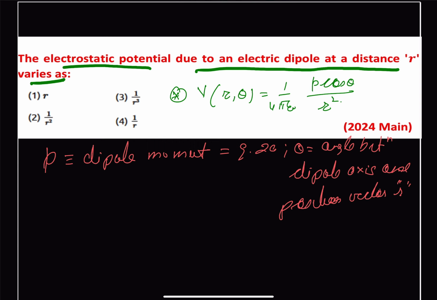Okay, so from here we can clearly see that this is inversely proportional to 1 upon r square. So option number 2 is correct, or we can just write it here also. V is proportional to 1 upon r square.